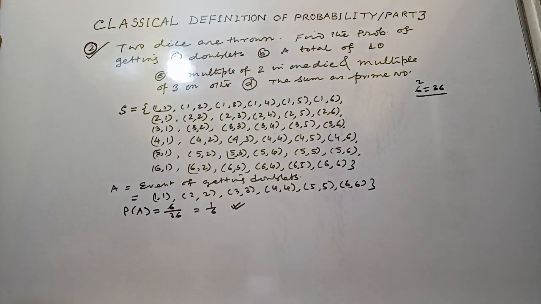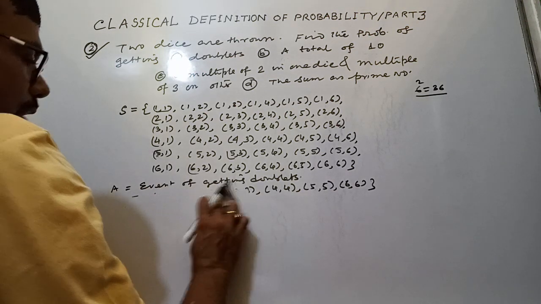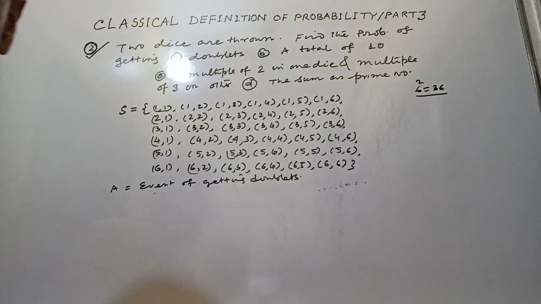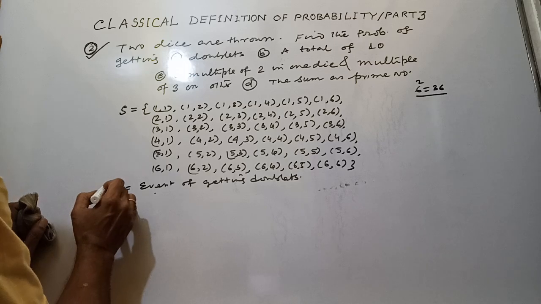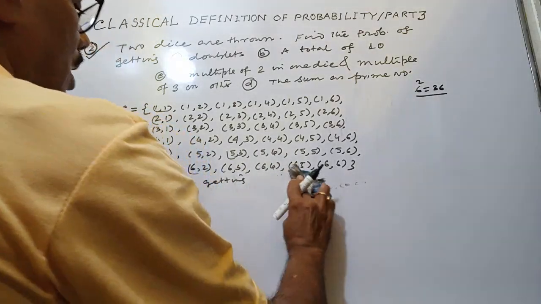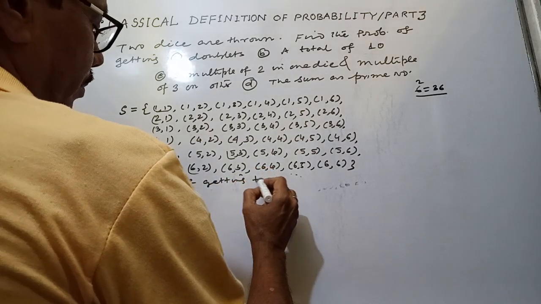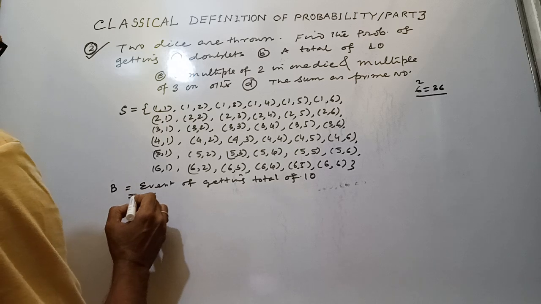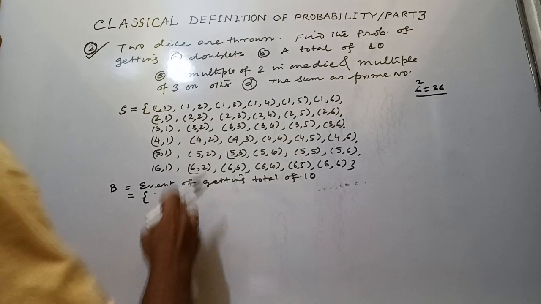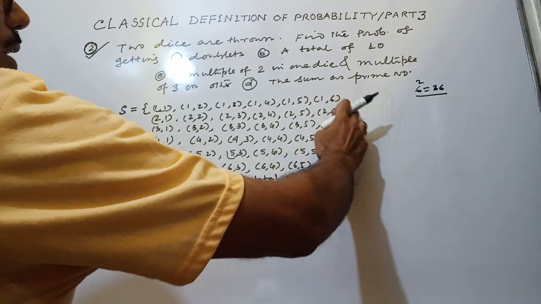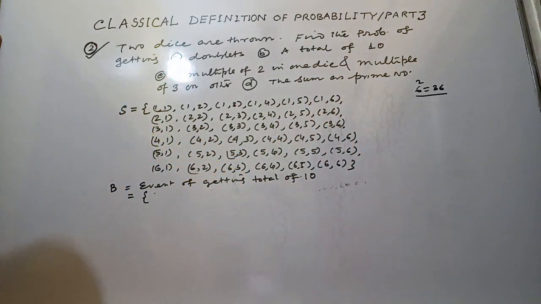Now the second one, a total of 10. B equals the event of getting a total of 10, so the sum is 10. In the first row the maximum is 7, in the second row maximum 8, in the third row maximum 9.